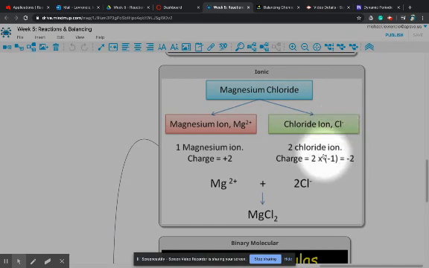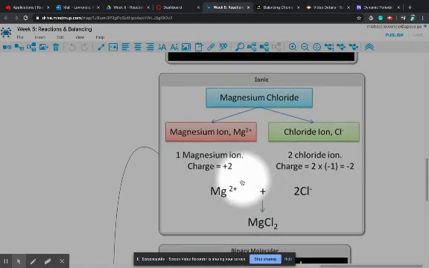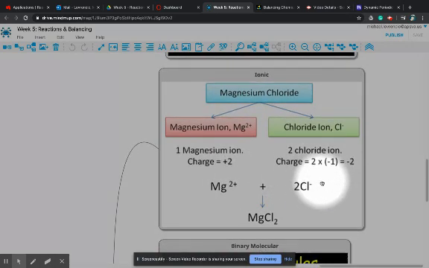And then you need to figure out, all right, you need a balance of charge. You need the same number of positive and negative ions. So in this case, we have a +2 and a -1. If you think about that, think about least common multiples, right? 2 times 1 is 2. So the least common multiple of 2 and 1 is 2. So in order for the charges to balance, we're going to need a total of 2 positive charges and 2 negative charges.